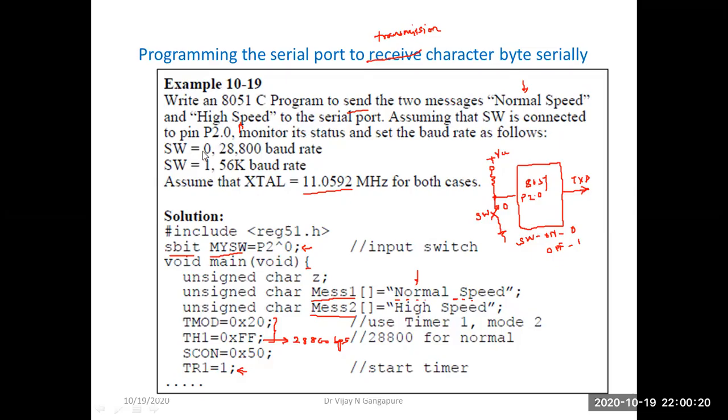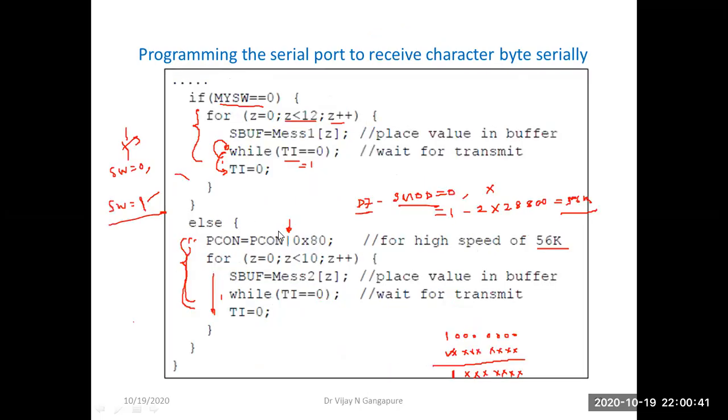If the switch position is 0, we transmit the message in the MESS1 array, that is normal speed, with a baud rate of 28800. And if the switch position is 1, we transmit the second message, high speed HIGH, which is in the MESS2 array, with a baud rate of 56k. So that we saw.